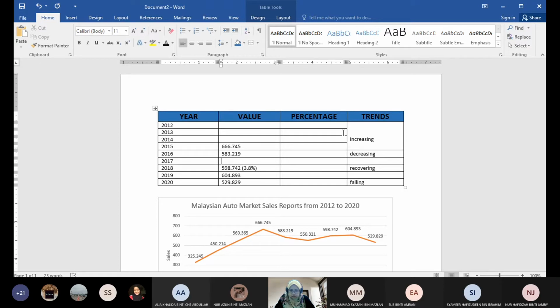Macam mana ni? Saya nak kira ni. Tambahan. So, kalau nilai dia 598.742 tolakkan dengan 15,756.3 bersamaan dengan, kenapa negatif? Okay, tak apalah.